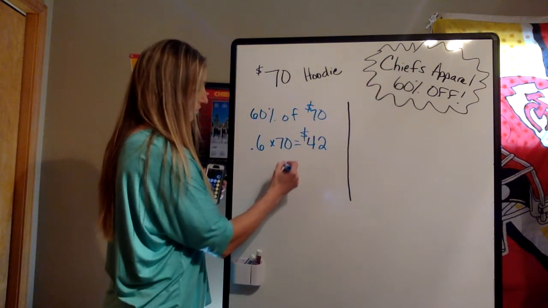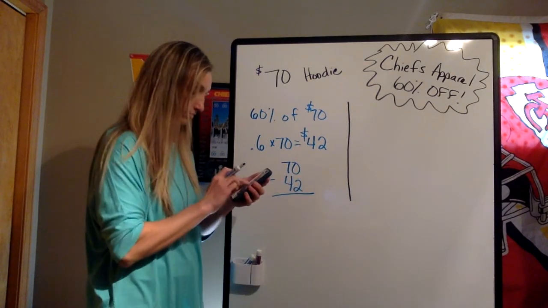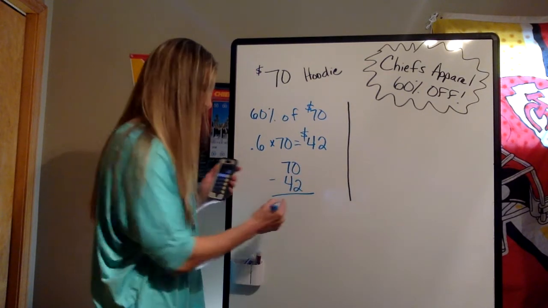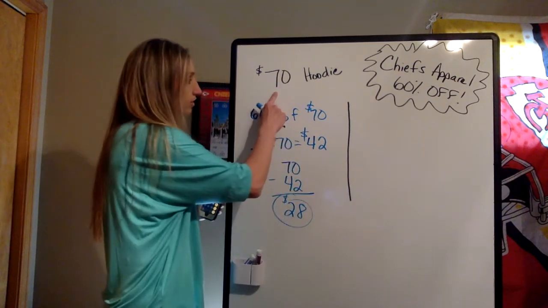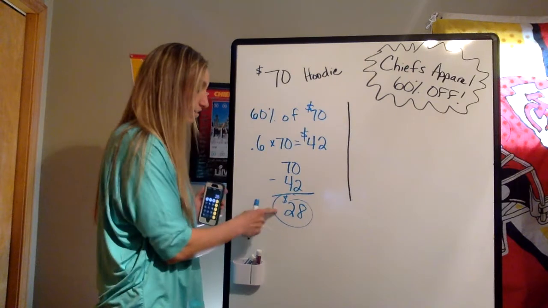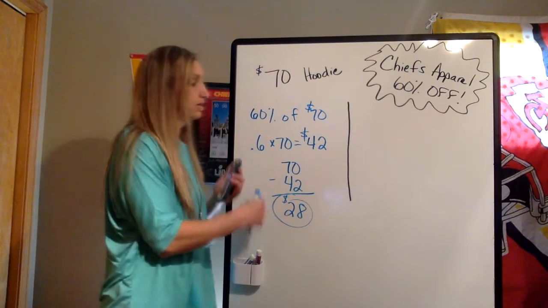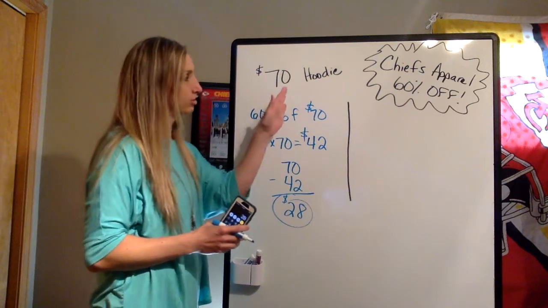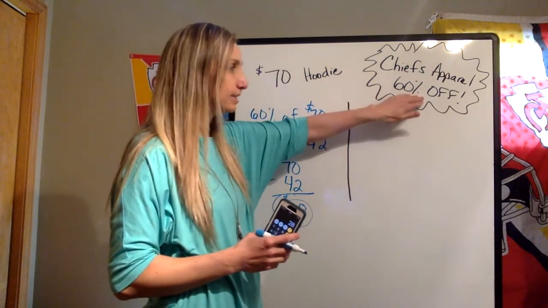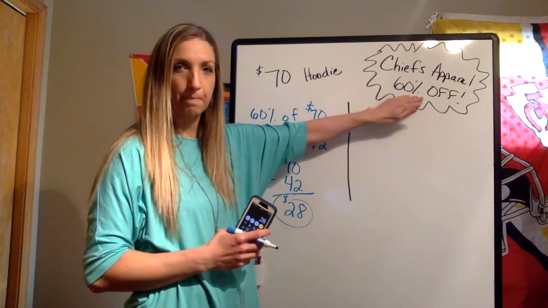So now I've got to do 70 minus 42, and I get 28. So my $70 hoodie is now on sale for $28. Pretty good buy. The more efficient way: if it's a $70 hoodie that's 60% off, then what percentage are we actually paying for?